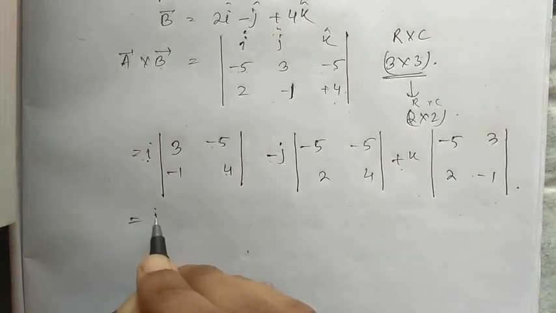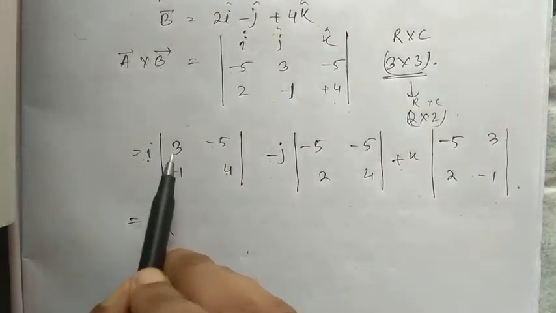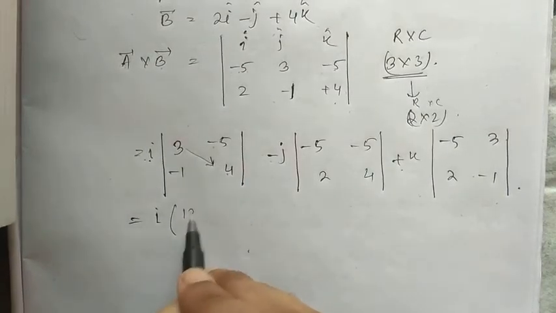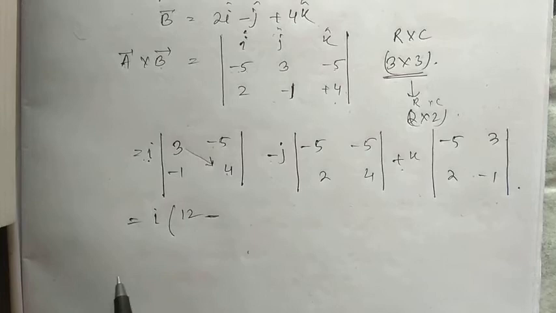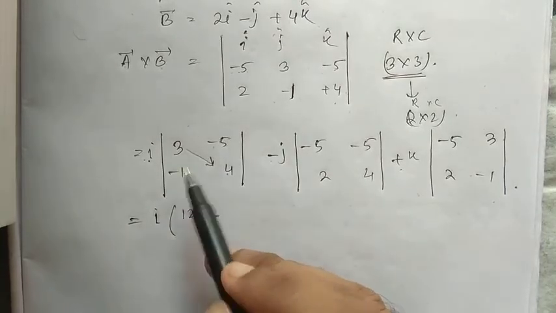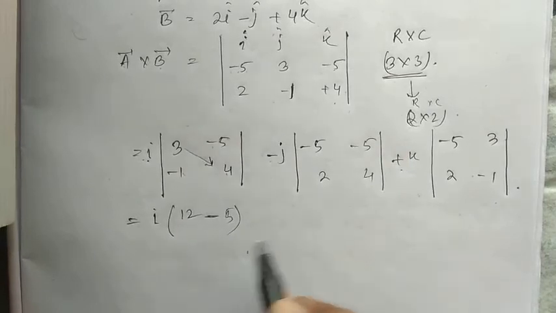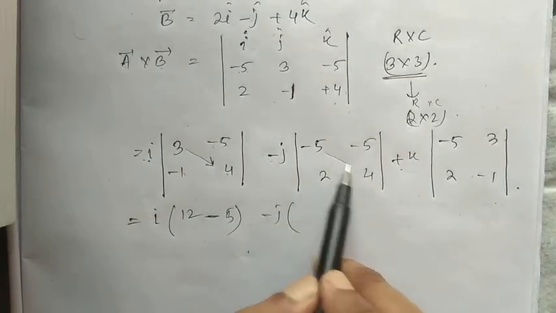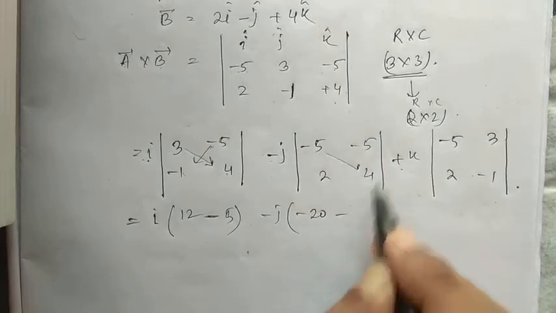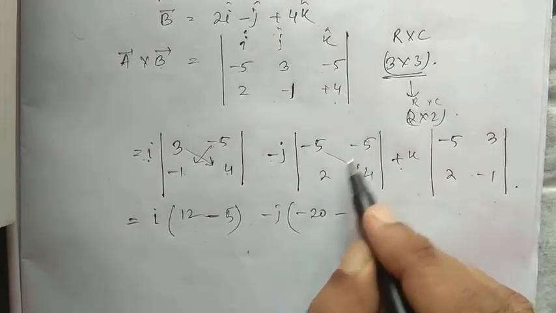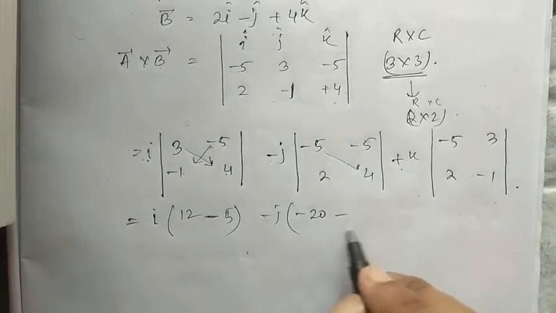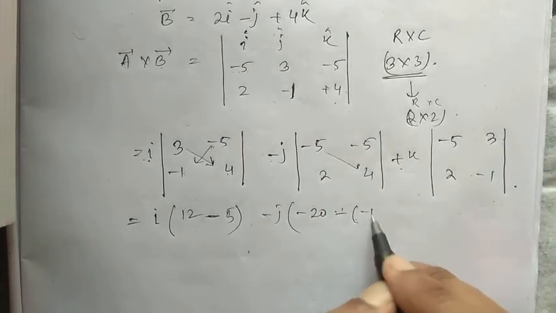Now the multiplication is done in this form. First these two are multiplied, 12, and minus sign, then these two are multiplied. Minus 5 into minus 1 gives 5. Again, the second one: minus 5 into 4, that is minus 20. Minus of minus 5 into 2 gives minus 10. So minus minus becomes plus here.